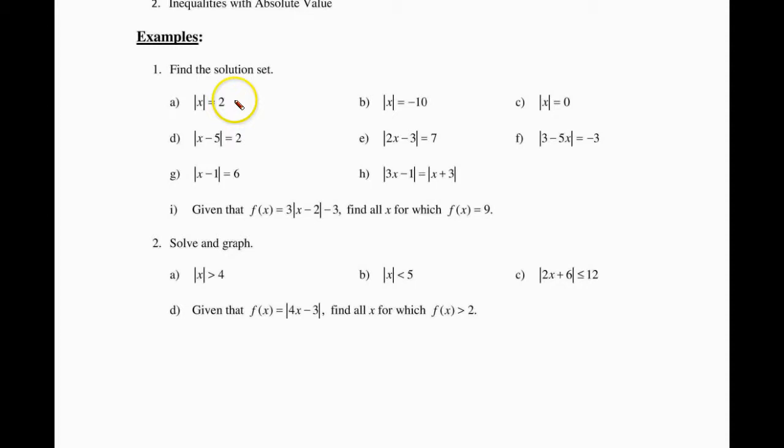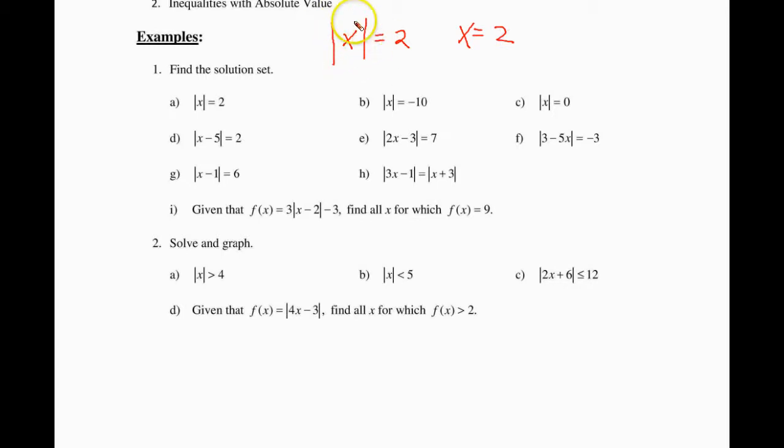So let's see what they're asking here. In letter A, they're saying the absolute value of x equals 2. Now, we need a protocol, a method of operation, a strategy to set these up to solve. The basic rule is write it without the absolute sign.